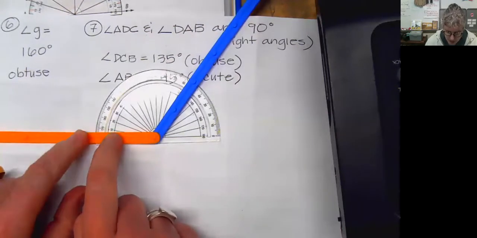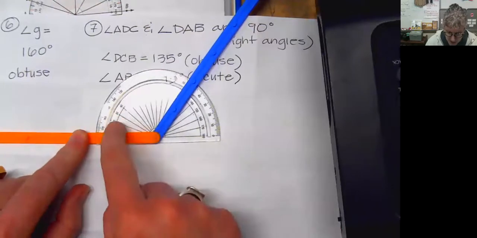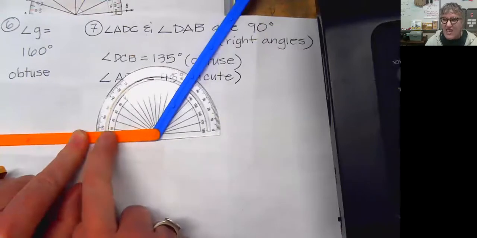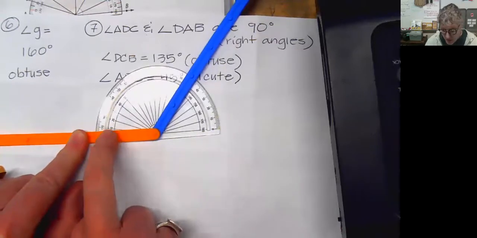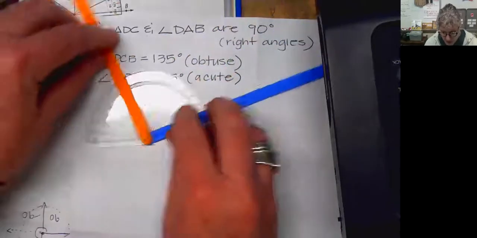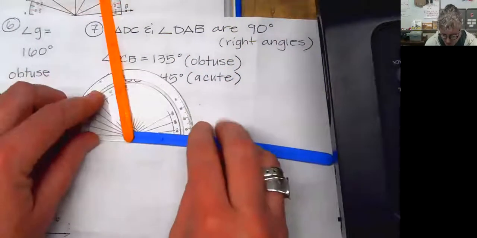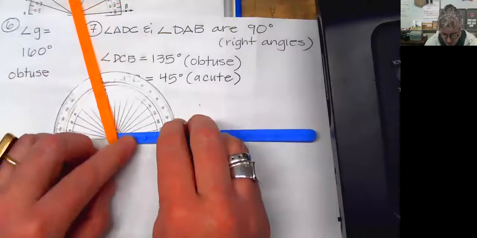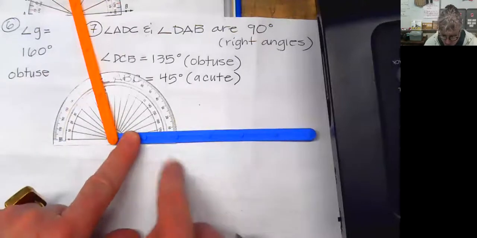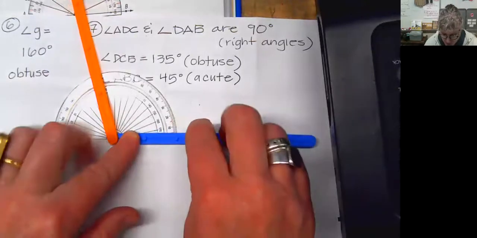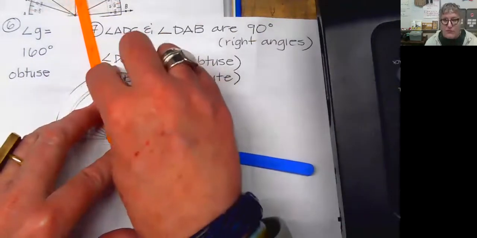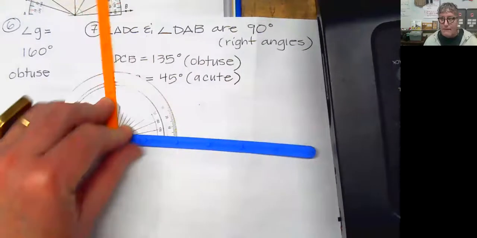So I'm going to be using the inner scale on this one because the 0 is down here, right? So you look for the 0. That's kind of an important thing. If I'm doing an angle going this direction, or if the paper's turned and the angle's in another direction, I'm always going to be looking for where the 0 is. So the 0 is right here. So I'm going to start on the outer scale this time and measure this way, right?